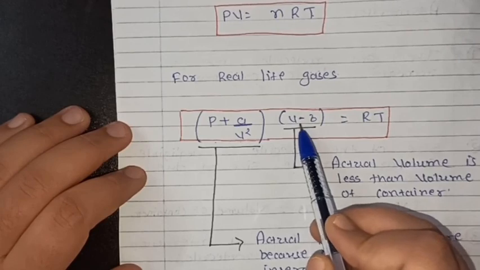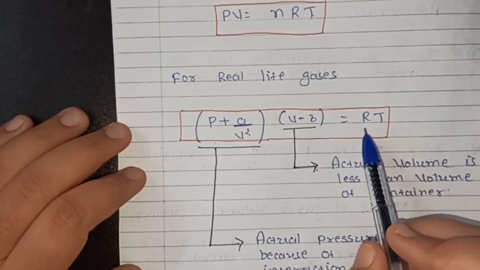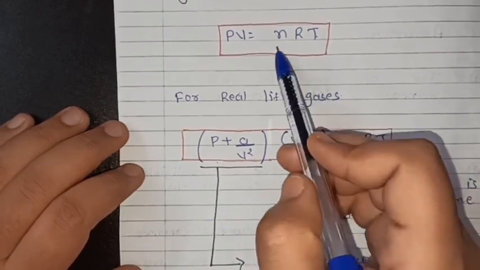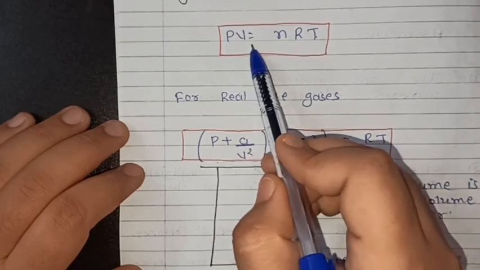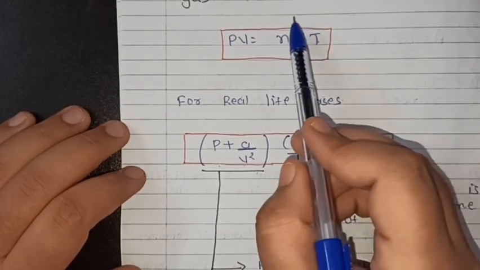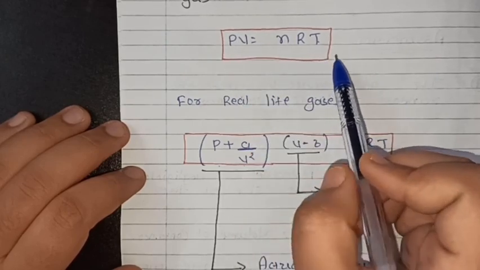So (P plus a by V squared)(V minus b) equals RT. So for real life gases, the equation will be this, and for ideal gases, the equation will be PV equals nRT. We will focus most on the ideal gas because we are dealing with ideal gases in the whole chapter.